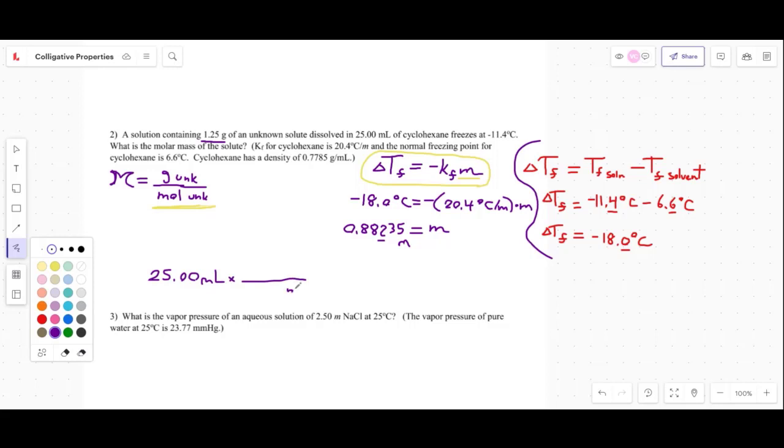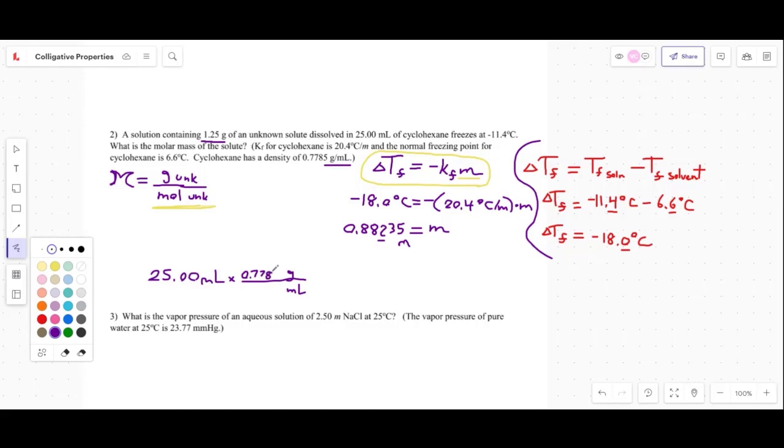So we first, and you can use density as a conversion factor. Any fractional unit like density, you can use as a conversion factor. Cyclohexane has a density of this. That means I can convert the grams to milliliters using density as a conversion factor. I don't actually have to write out the density is equal to mass divided by volume equation.